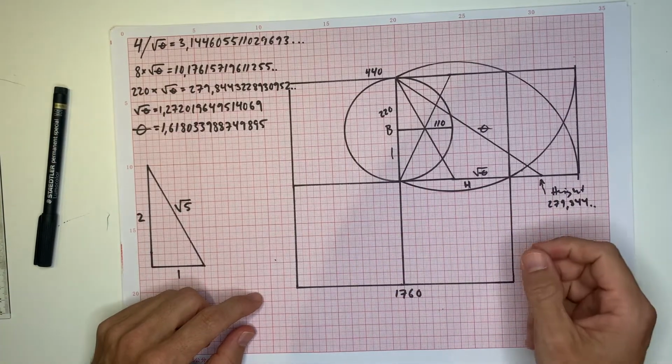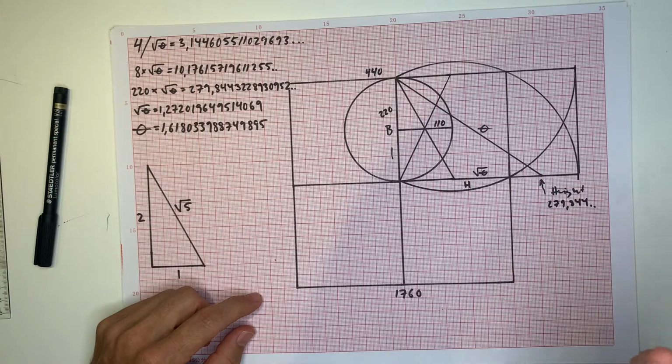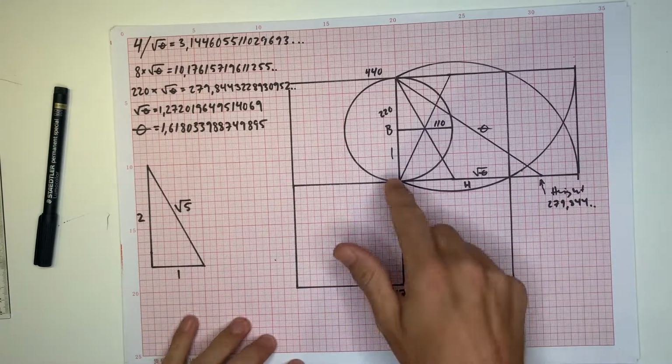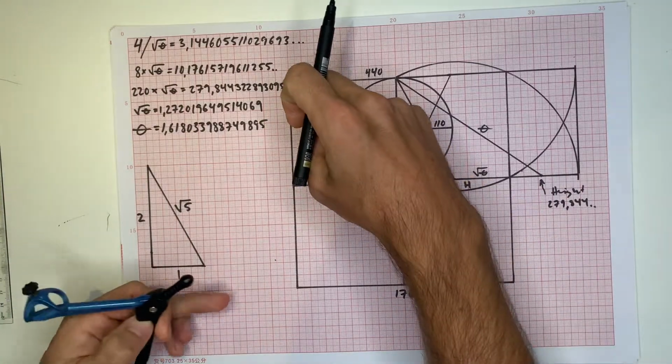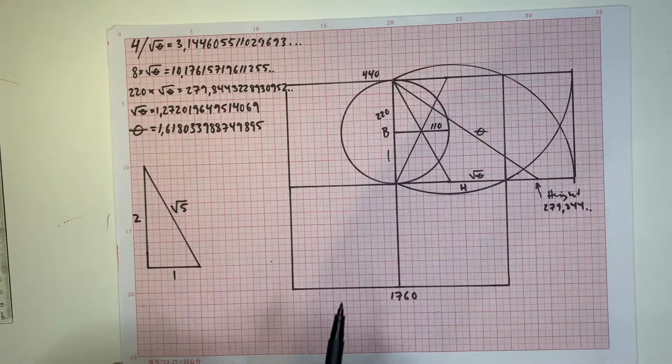This also corresponds to squaring the circle, as we have the Kepler triangle here and this square here.